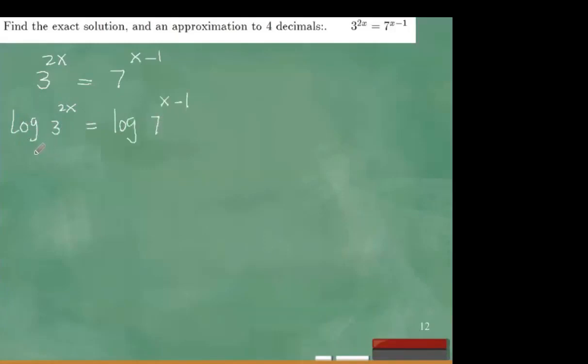We're going to use some of the properties that we learned before. One property that we had, if I have log of x to the power of n, that was a power rule. I can move the exponent right in front of the log. And I can do that here. This 2x would go right in front of this log, so it would be 2x times log of 3.